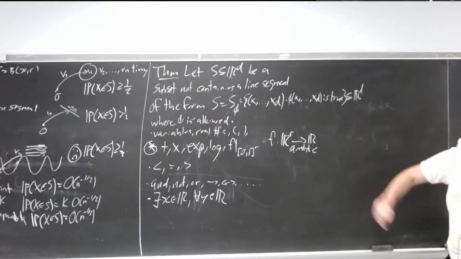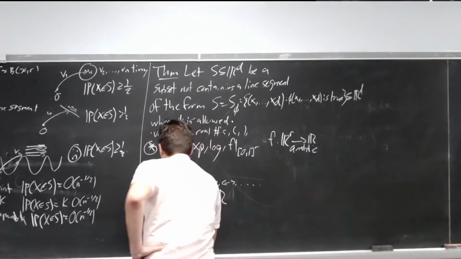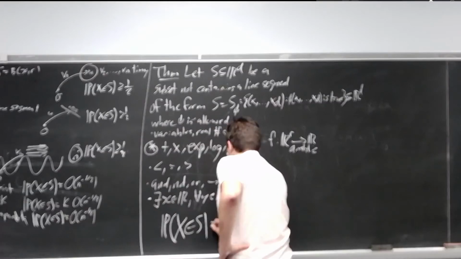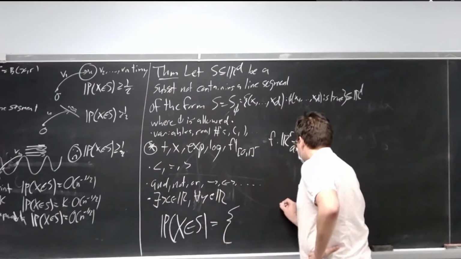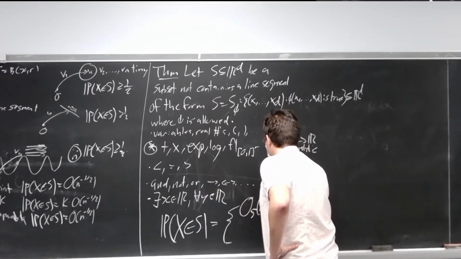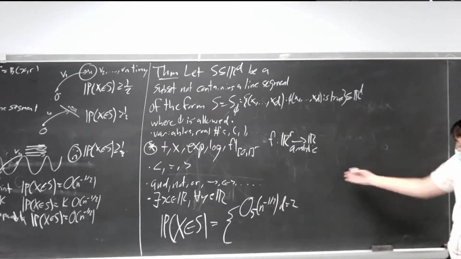And assuming you have a formula that meets this criterion, then the probability that x is in S is the following. When d equals 2, we have the optimal bound. So in particular, a parabola as a special case.